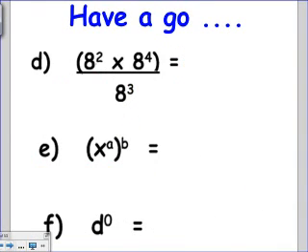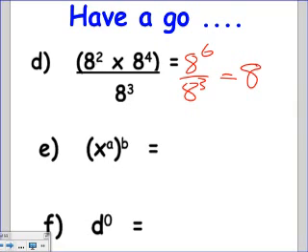Right, here's your next set of 3. So I've got a squared times a to the 4 divided by a cubed. I've got x to the a raised to the power of b, and I've got d to the 0. Okay, here we go. a squared times a to the 4 divided by a cubed. So what should I do first there? Yeah, add the 2 and the 4, so I end up with a to the 6 divided by a cubed, which gives me a to the 3.